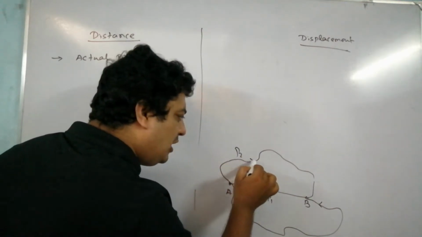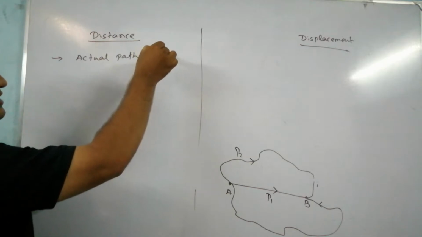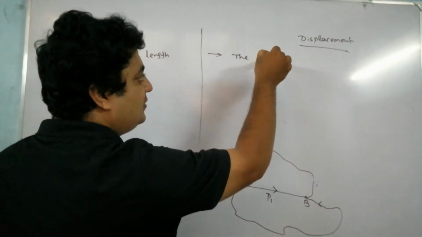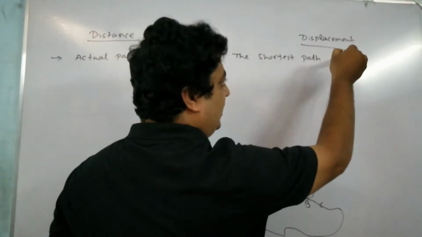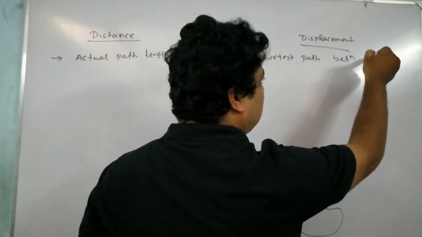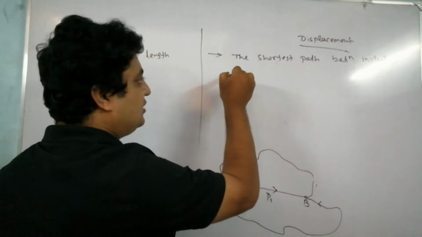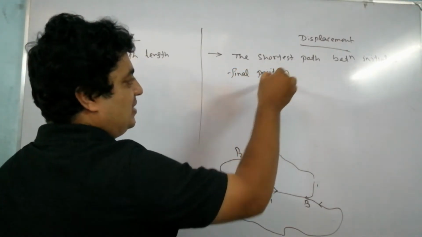So, the actual path length covered by a body is called distance, but the shortest path between initial and final position is called displacement.